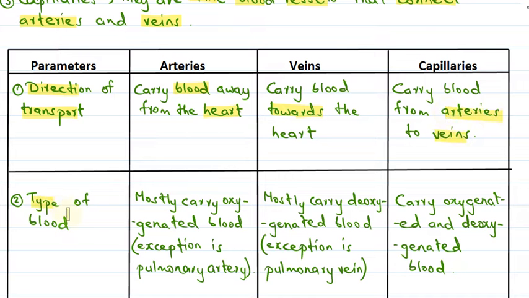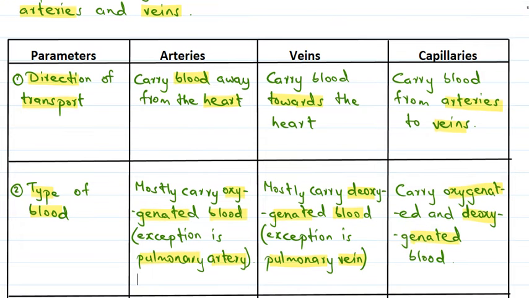Then the type of blood that is carried: most of the arteries carry oxygenated blood except for pulmonary artery, which carries deoxygenated blood. Most of the veins carry deoxygenated blood, but the exception is pulmonary vein, which carries oxygenated blood. And capillaries carry both oxygenated as well as deoxygenated blood.